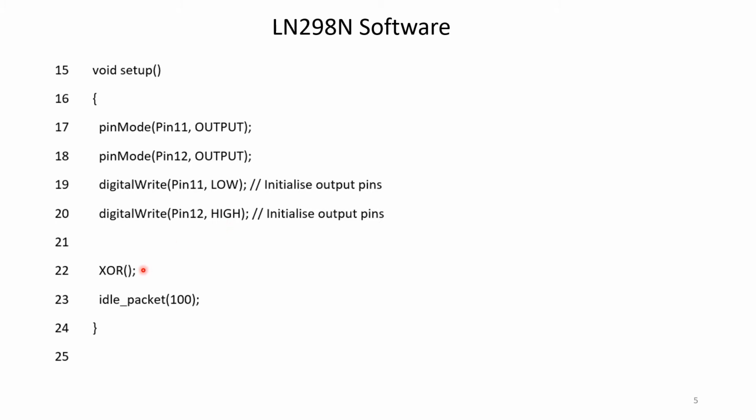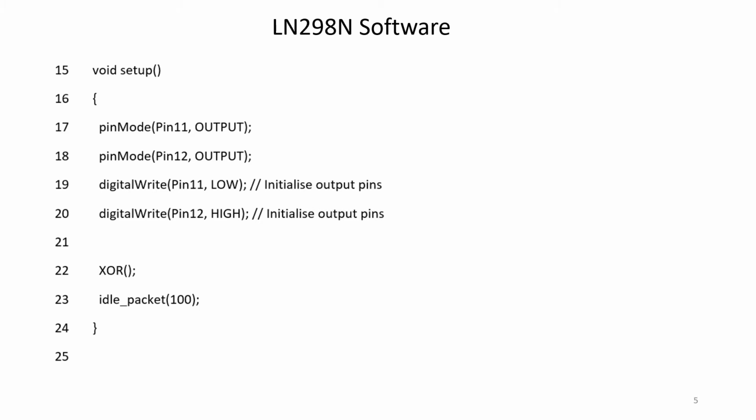The next thing I'm doing for the train packet, I'm calculating the exclusive OR. For that last or third byte, here I'm calculating what the value of the error check is. And this function I'll explain shortly. The next thing I do, I actually transmit 100 idle packets onto the track.